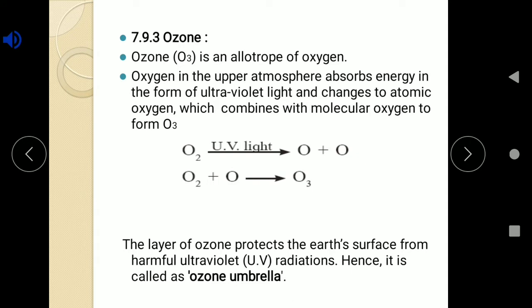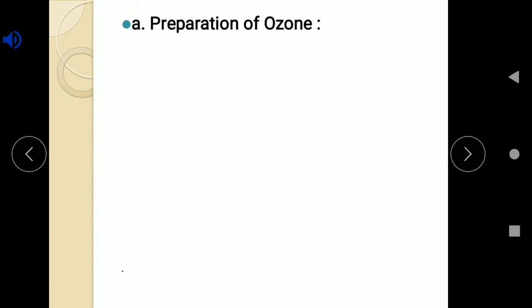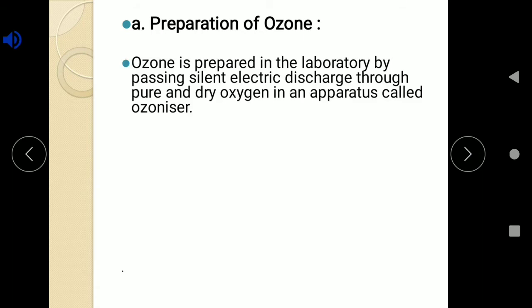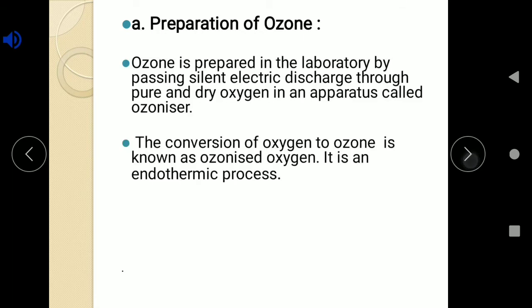Now, let us start with methods of preparation of ozone. Ozone can be prepared in the laboratory by using an apparatus called an ozonizer, where molecular oxygen is converted into ozone. Silent electric discharge is passed through pure and dry oxygen in the ozonizer.